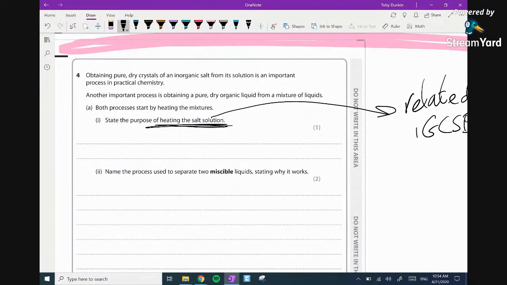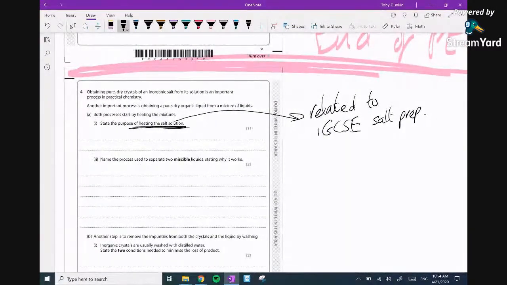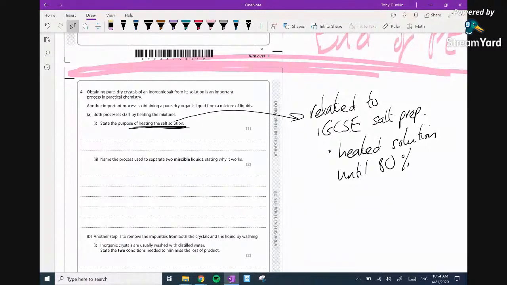So why do we heat the solution? Do you remember in the preparation of the soluble salt, we heated the solution until 80% of the water has evaporated, has left and become gaseous.